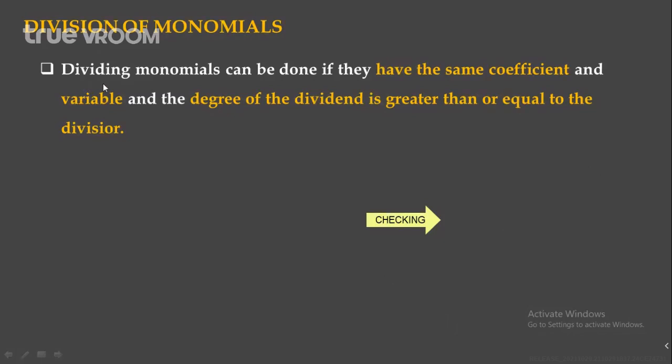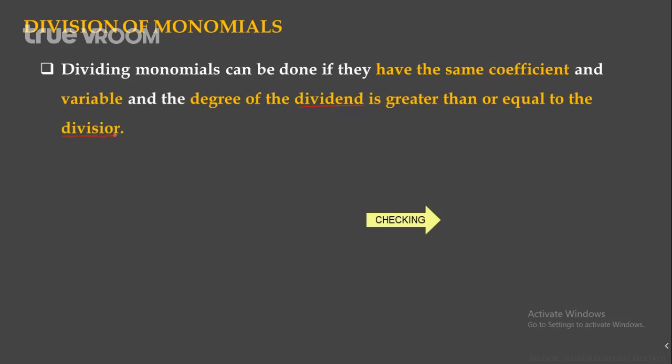Dividing monomials can be done if they have the same coefficient and variable, and the degree of the dividend is greater than or equal to the divisor. All right.